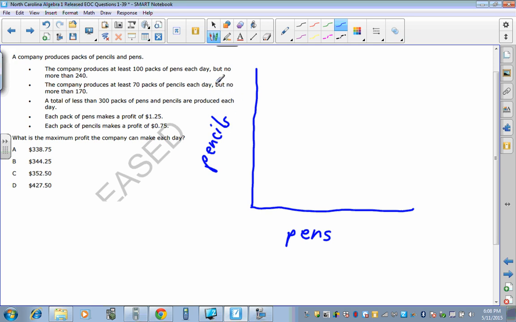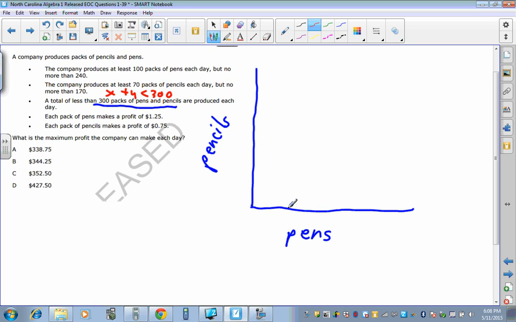Looking at this information, it says a total of less than 300 packs of pens and pencils are produced each day. So that means x plus y has got to be less than 300. If x is the pens, y is the pencils, it's got to be less than 300.